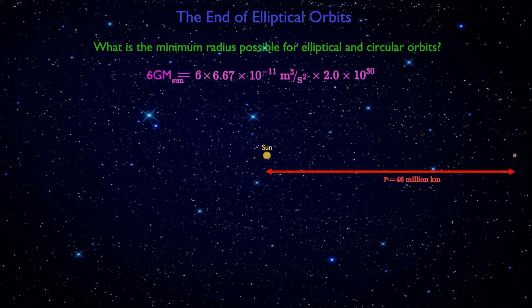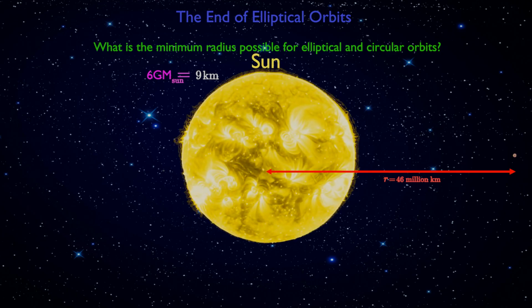Remembering that we always leave out the speed of light in our expressions, the meters cubed per second squared signals us that we must divide by the speed of light squared to obtain units of distance. We find that 6 GM corresponds to a distance of roughly 9 kilometers from the center of the Sun. The Sun itself has a radius of 700,000 kilometers, so this kind of orbit around the Sun is impossible.